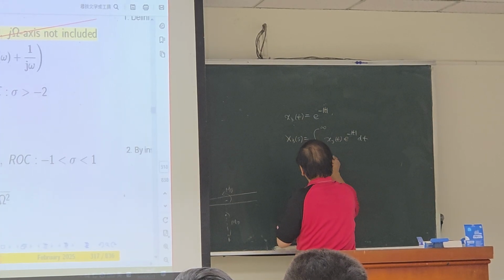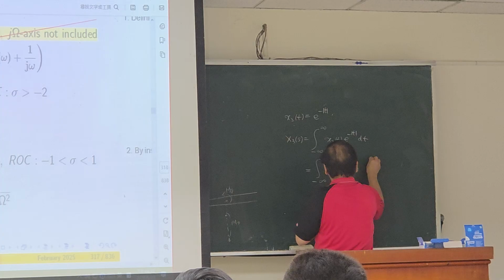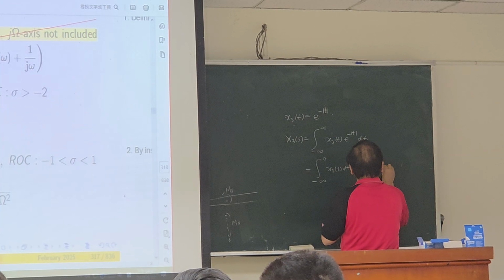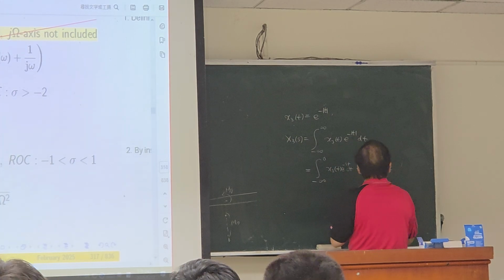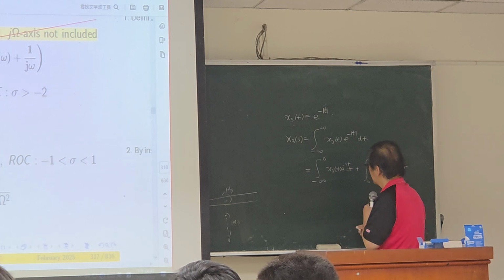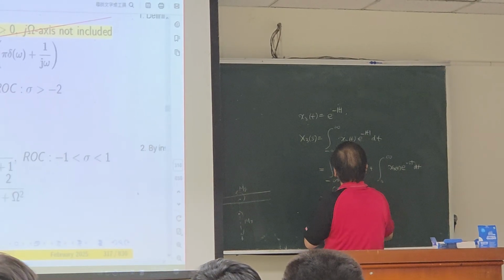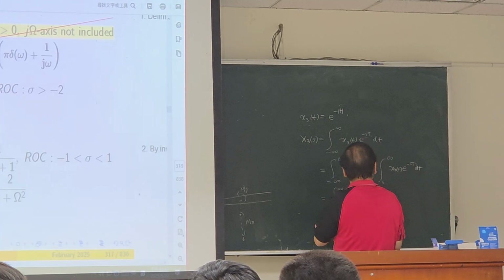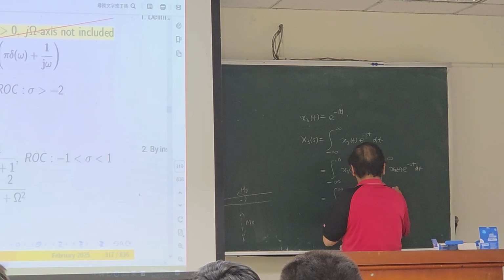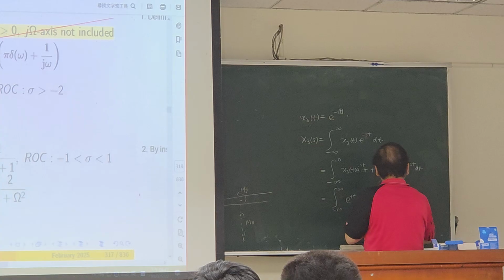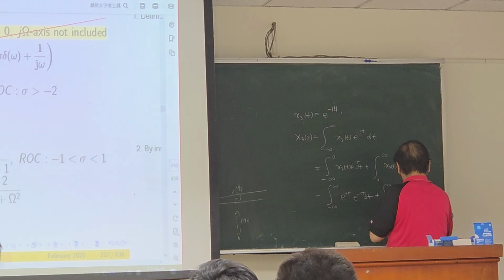So we are going to divide it into two parts. Okay, so this is e to the negative t.